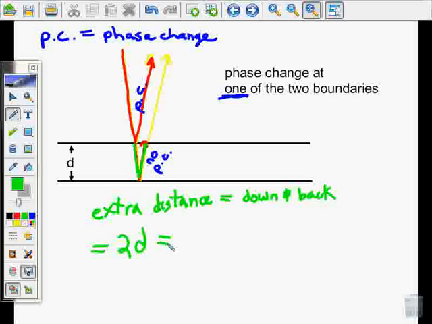You would get constructive interference, yes? But would you get constructive interference this time, because the top wave had a phase change?